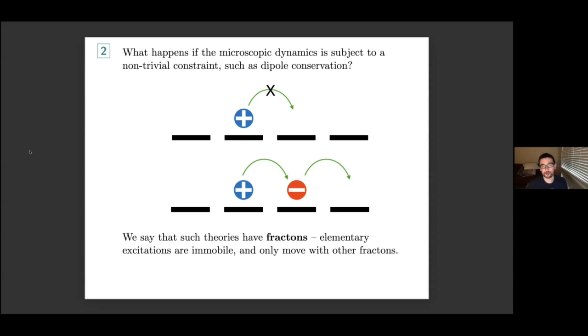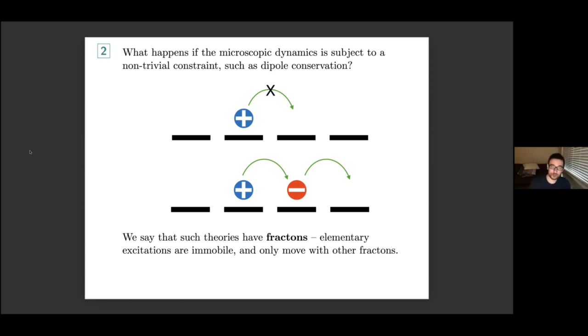If this is true, then an isolated point charge can't move, because if an isolated object moves, it would change the dipole moment by 1 unit. So I can't move individual objects when I add this dipole conservation law. And I get to this kind of peculiar theory where charges have to move in pairs.